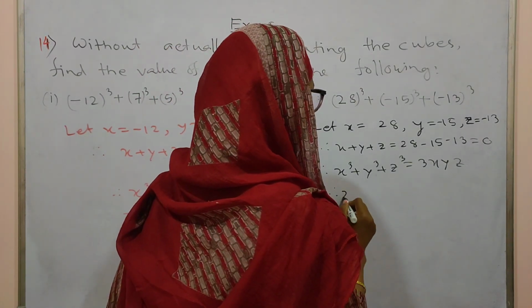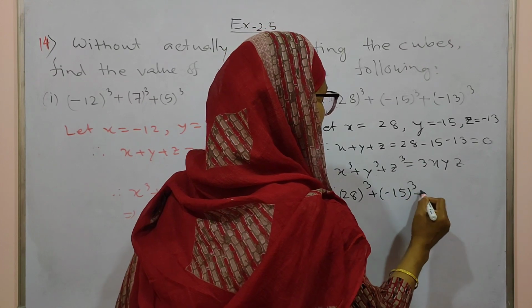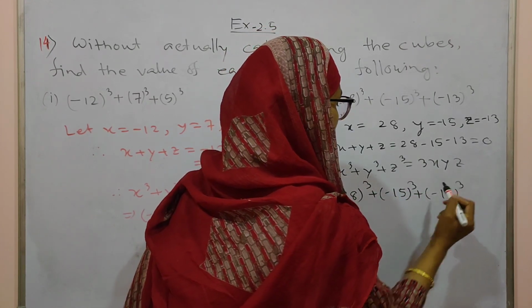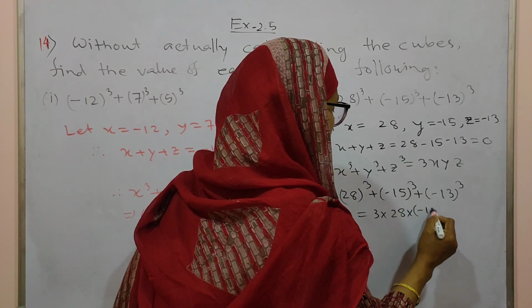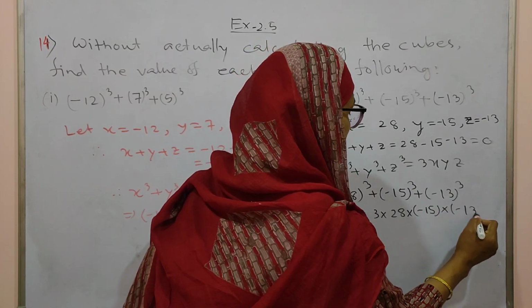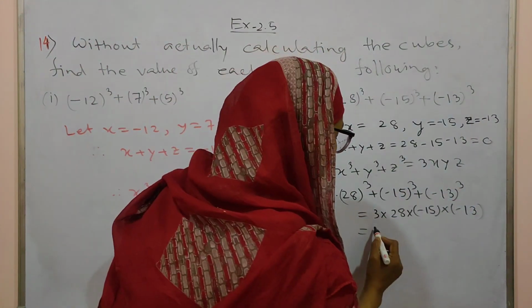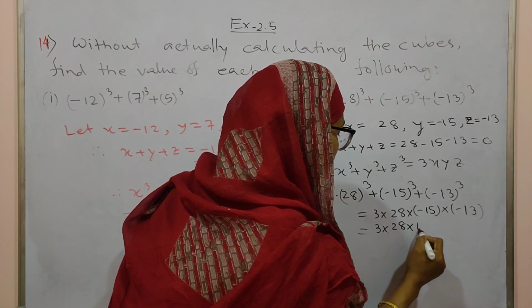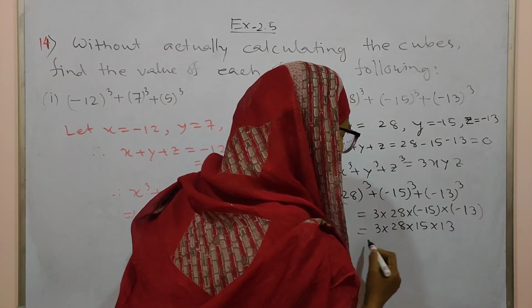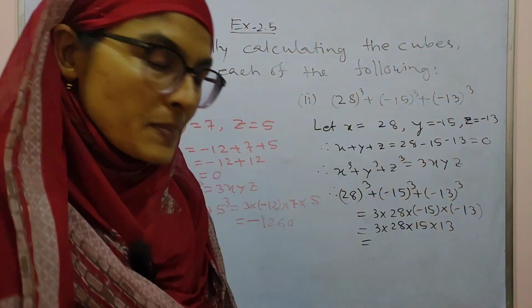Therefore, 28 cube minus 15 cube minus 13 cube equal to 3 into 28 into minus 15 into minus 13. Here it is minus times minus, so you have to multiply 3 into 28 into 15 into 13. This is the answer after multiplication.